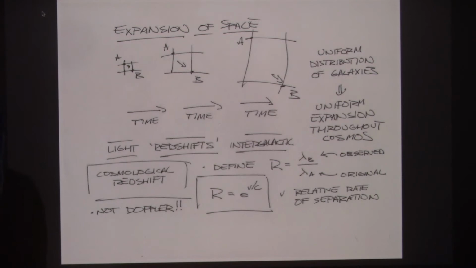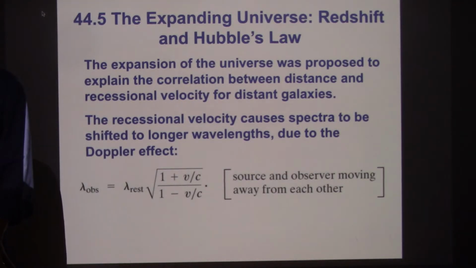Now, they've given us a formula here. This is the formula for the redshift. This is the redshift from special relativity. So this is a formula we derived back in chapter 36, but that's not what's applying here. This is not a special relativity effect due to velocity.